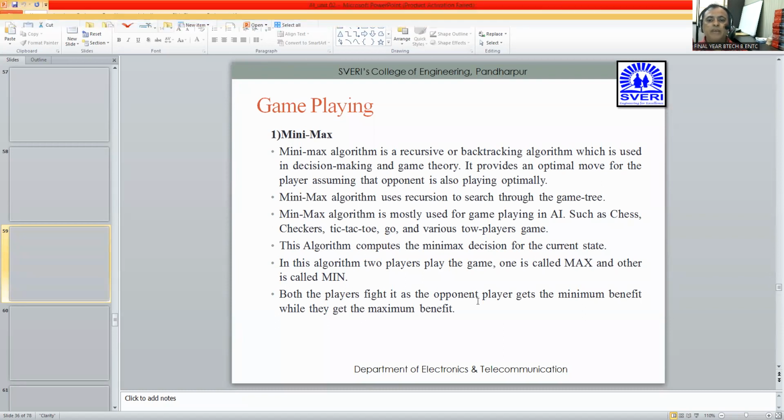It is used where two-player games are considered, like chess, checkers, tic-tac-toe, and so on. One player will be max and the other player will be min. Both players fight it out as the opponent gives minimum benefit while they get maximum benefit.